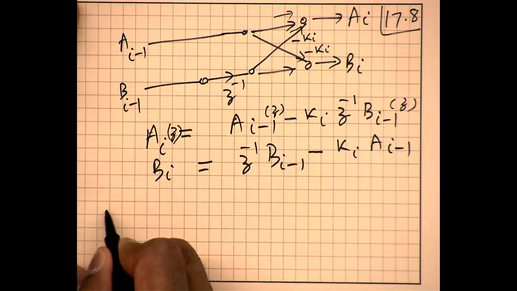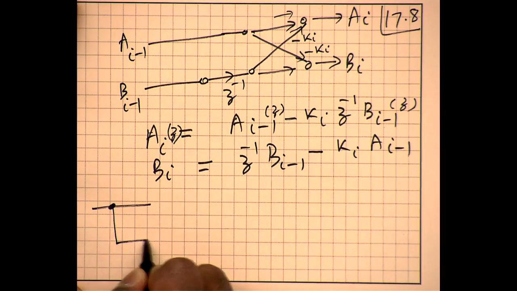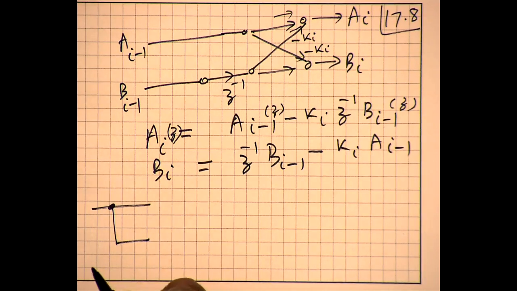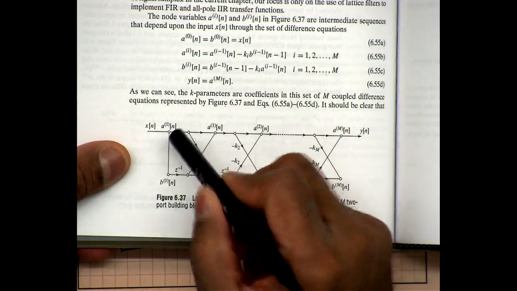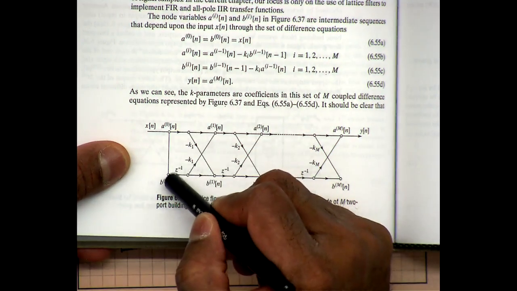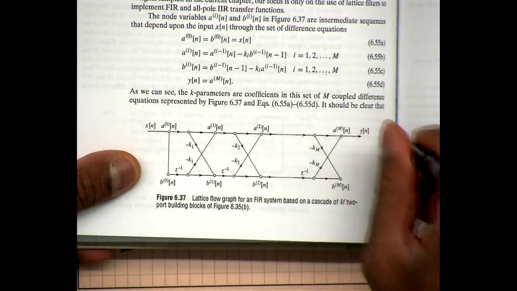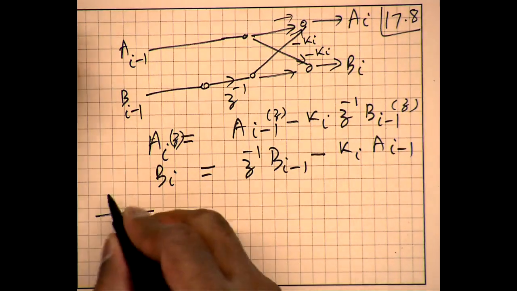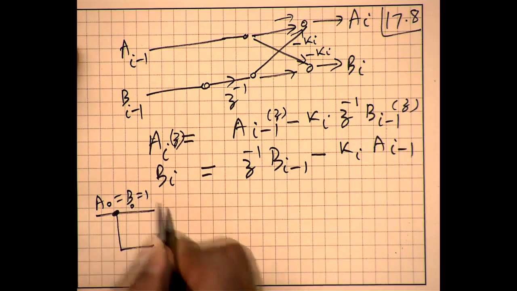But in the beginning, if you look at how the process begins, we start with A0 equal to B0 equal to 1. These are 1. And then we keep building these transfer functions.